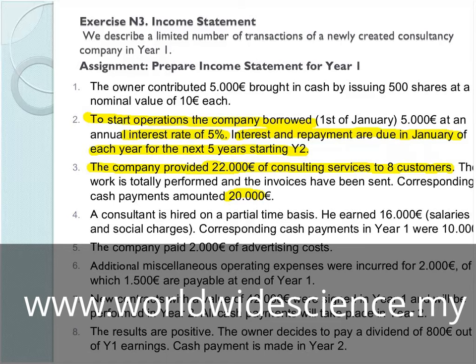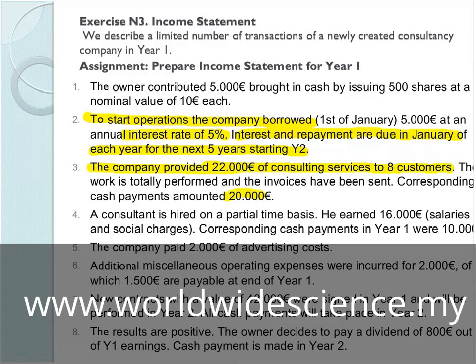So we paid the salaries to him, the 16,000. And the corresponding cash payments in year 1 were 10,000. Mr. Barak, you must remember, it is given that the corresponding cash payments in year 1 were 10,000. That says that he paid only 10,000 in year number 1, right?